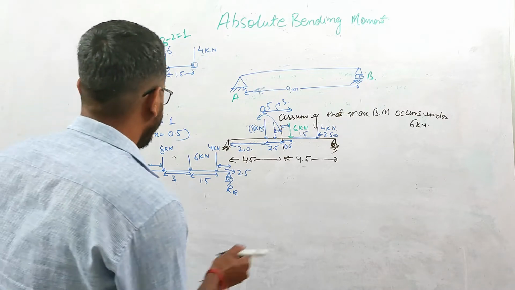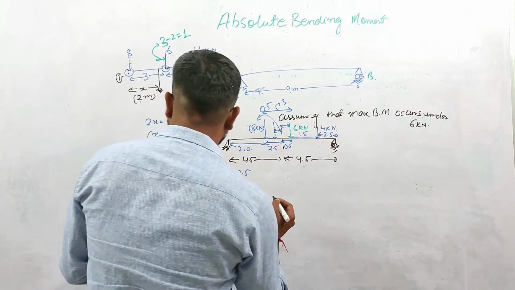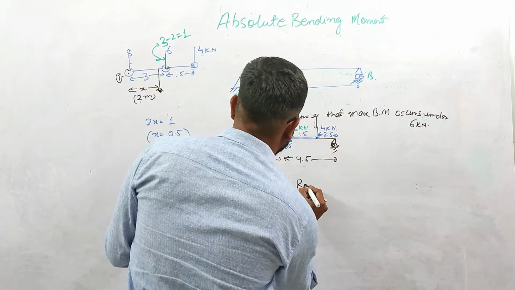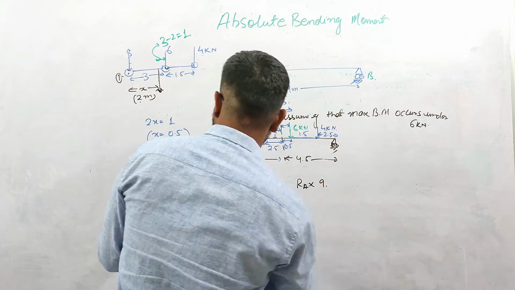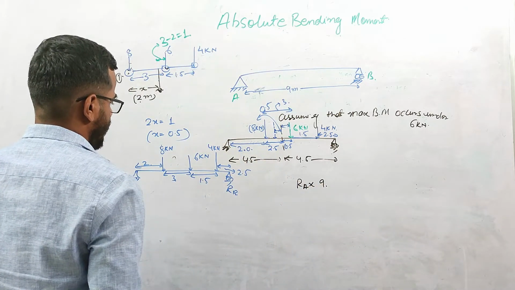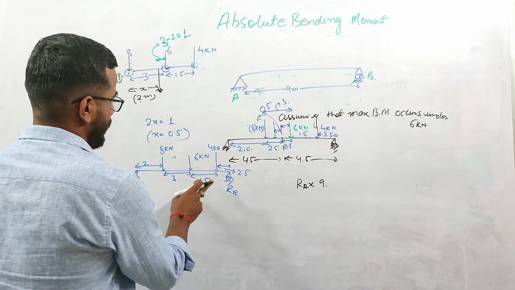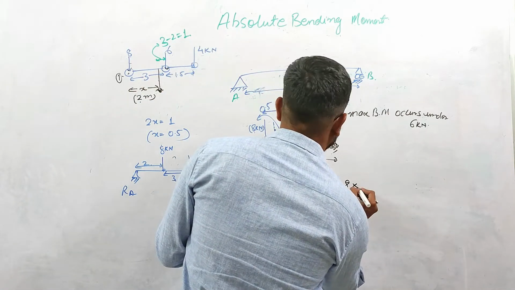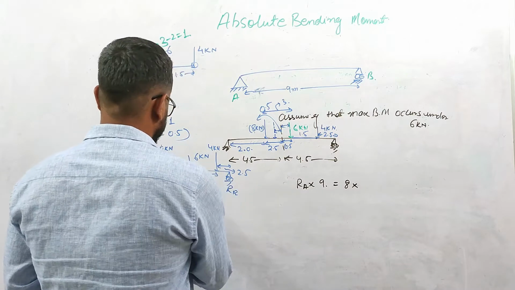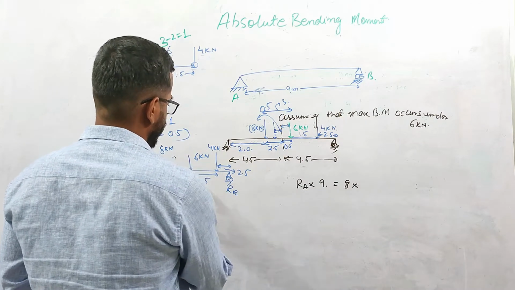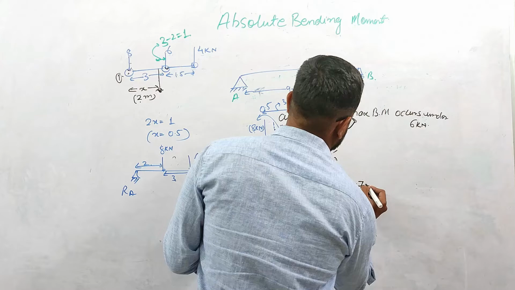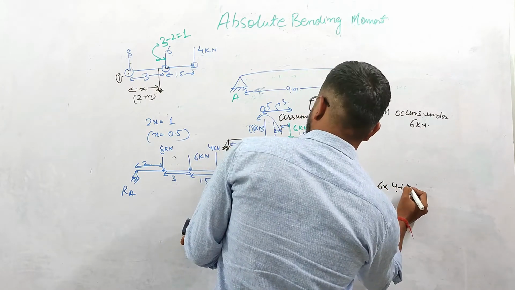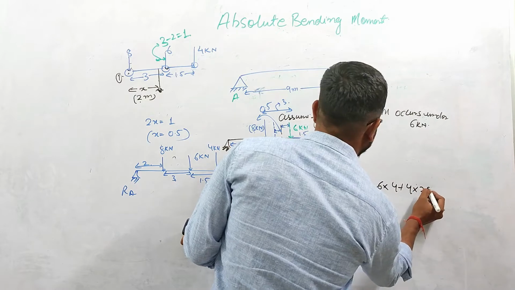So if you want to find RA, I can write RA into 9 equals 8 into 7 plus 6 into 4 plus 4 into 2.5.